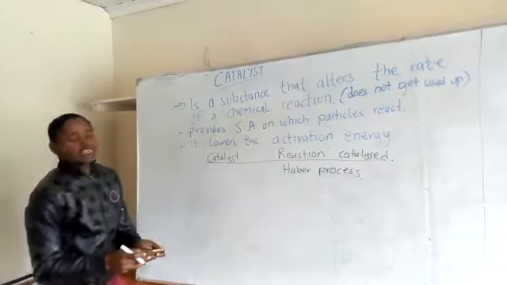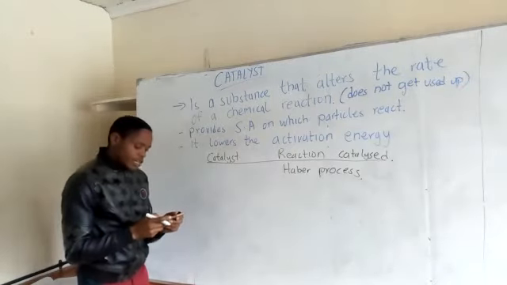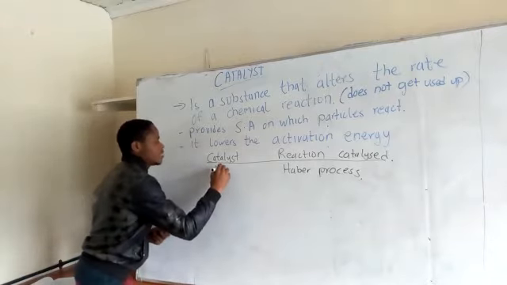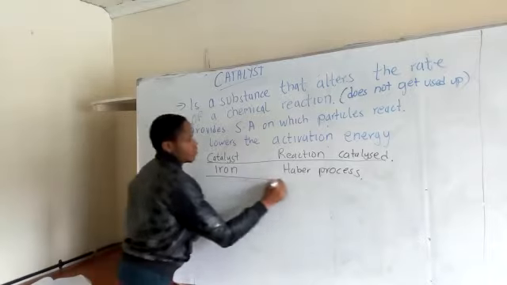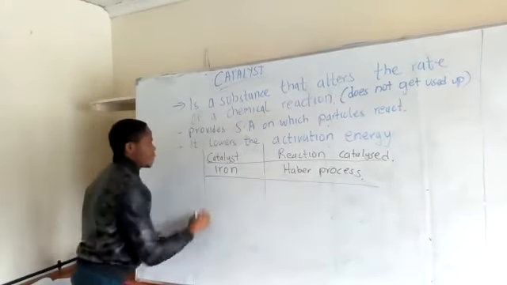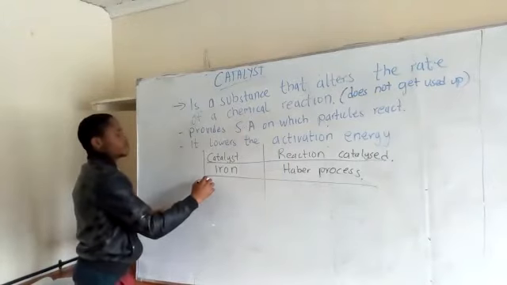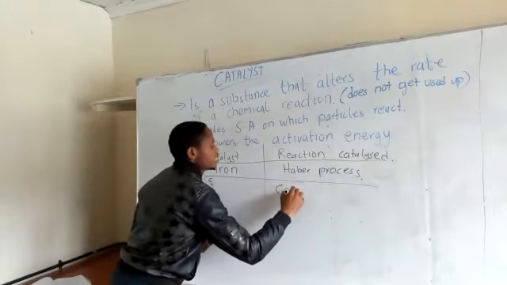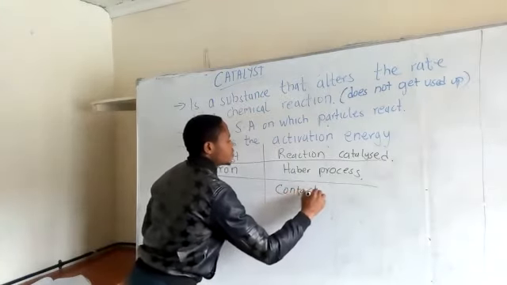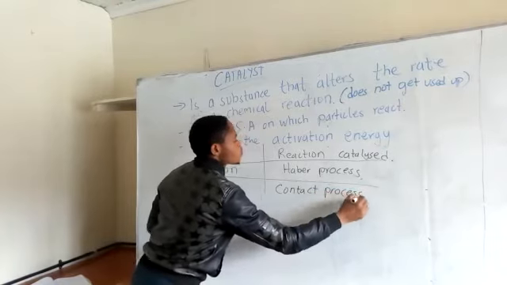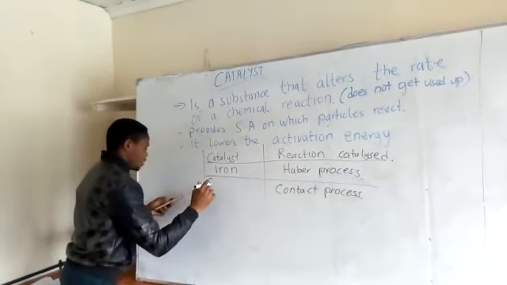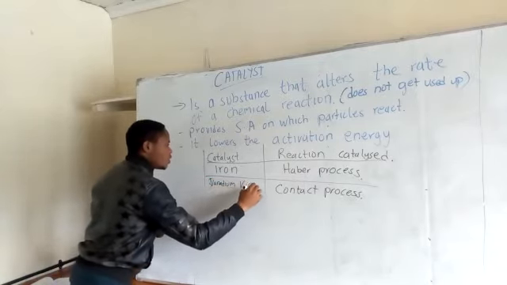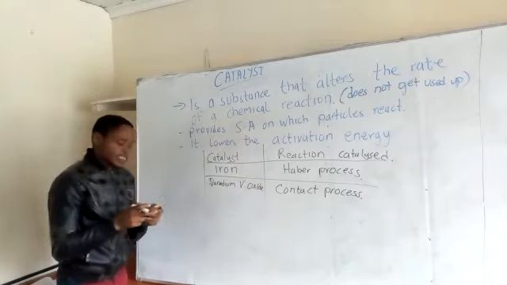In the Haber process, that is the manufacture of ammonia, you realize that reaction is catalyzed by iron. You also learned about the manufacture of sulfuric acid, which is the contact process, whereby you used vanadium(V) oxide as the catalyst.